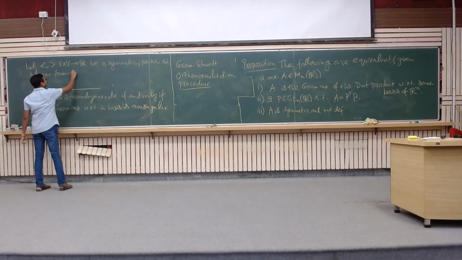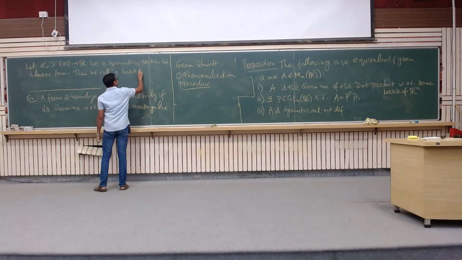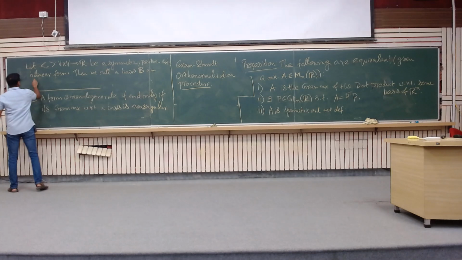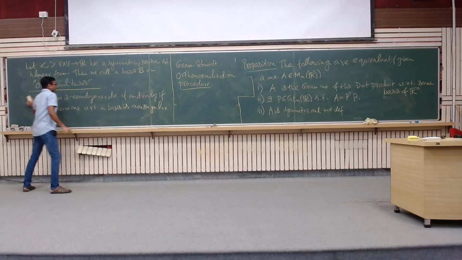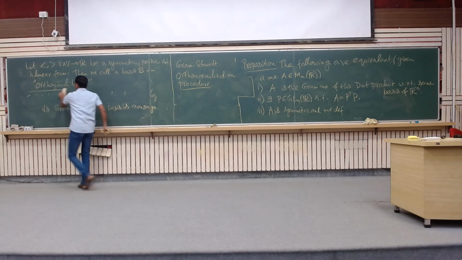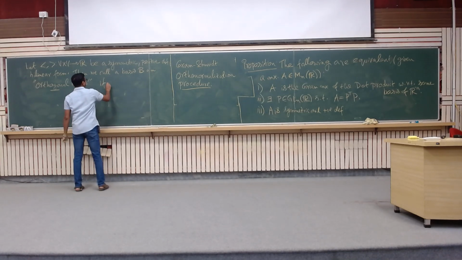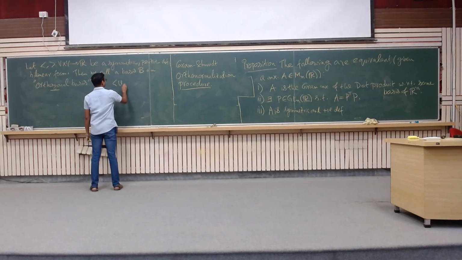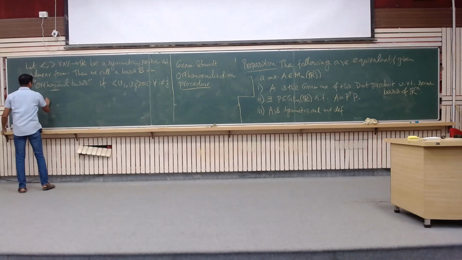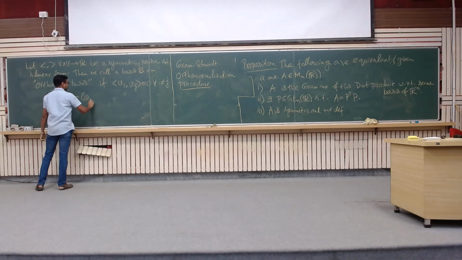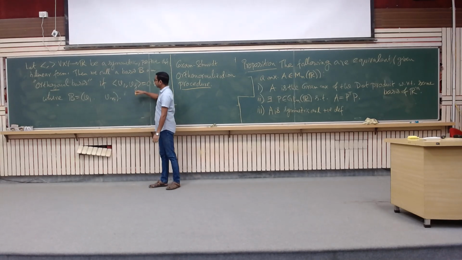Then we call a basis B an orthogonal basis if the form of Vi and Vj is equal to 0 for all i not equal to j, where these Vi's are just the basis elements. Okay.